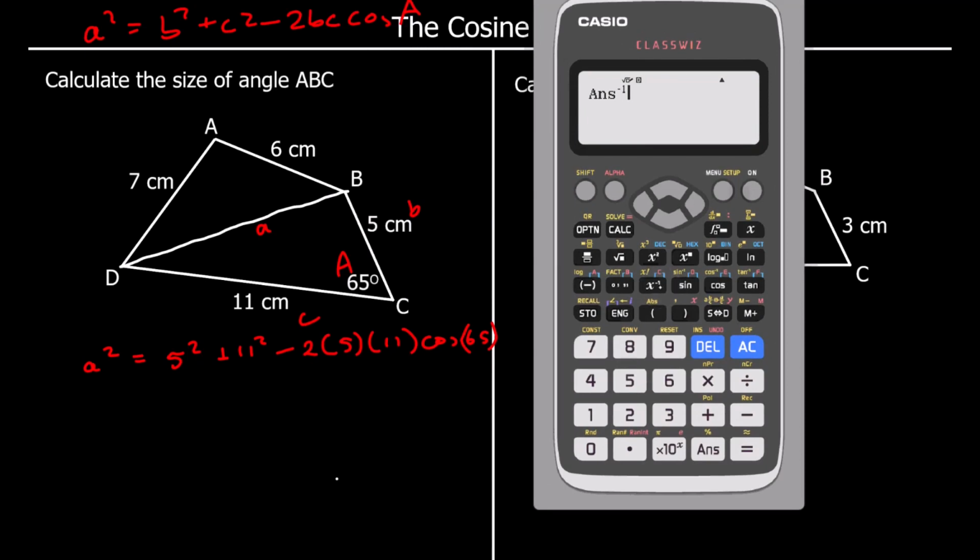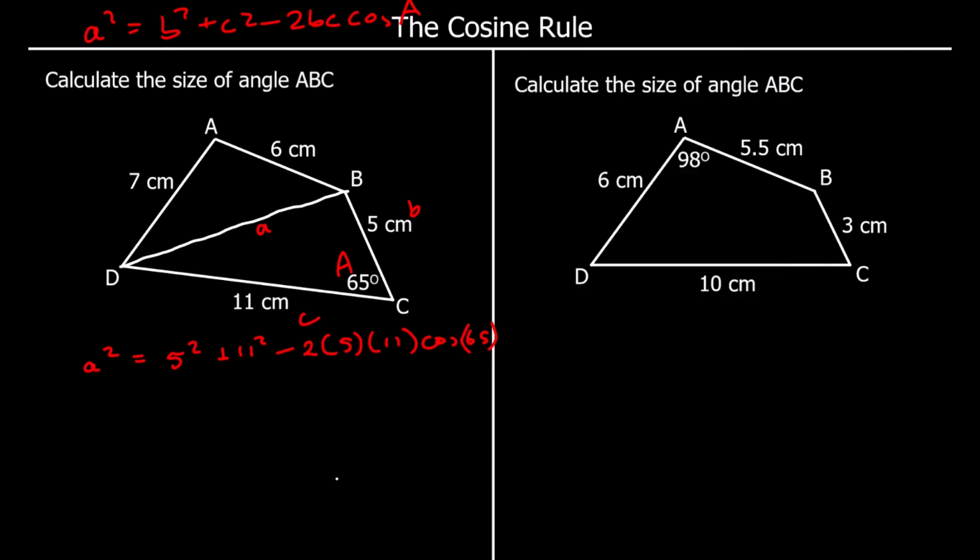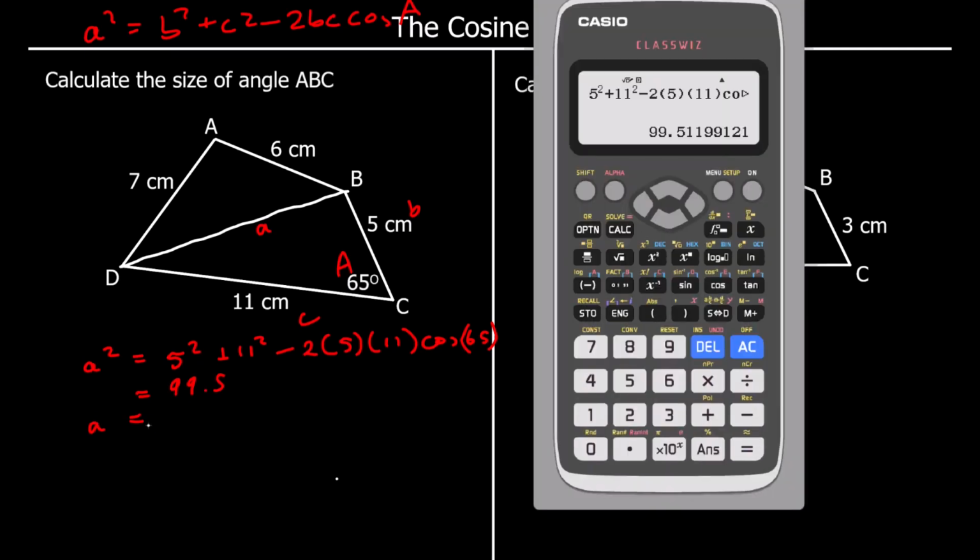So 99.5, that's a squared. So a is the square root of 99.5, which is 9.9.